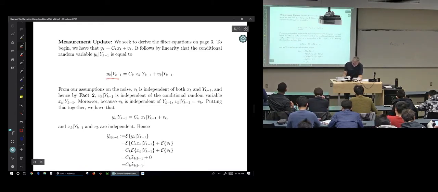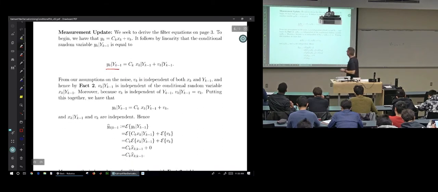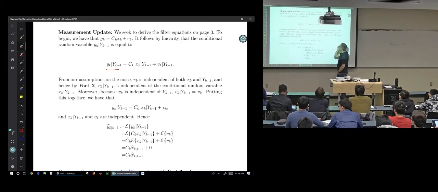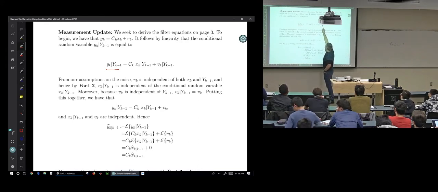And so the mean is now extremely obvious. The mean of this is just Ck times the mean of xk given Yk minus 1, so that's Ck x hat k given k minus 1. Vk is independent of Yk minus 1, so Vk conditioned on Yk minus 1 is just Vk, and it has 0 mean.